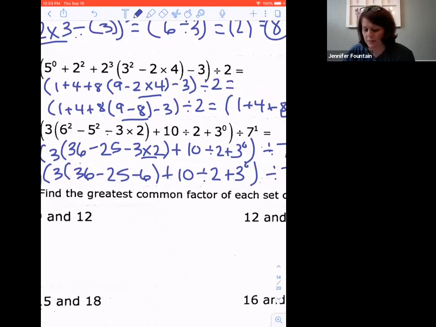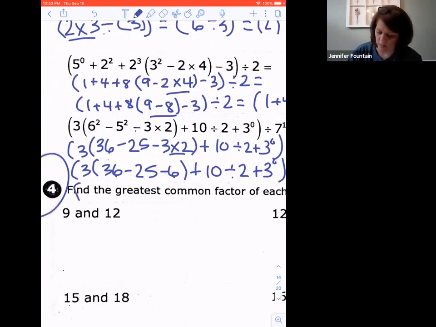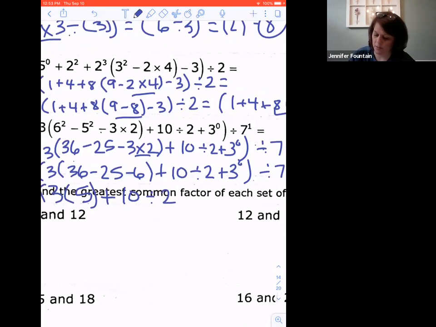Keep going inside those parentheses. 3 times 36 minus 25 is going to give me 11. And 11 minus 6 is 5. Plus 10 divided by 2 plus 3 to the 0 divided by 7 to the first.